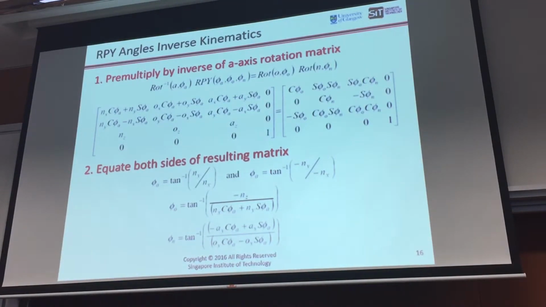But what they do for roll pitch yaw is this, to reduce the complexity. Again, they use the same way, by comparison. But this time, instead of being given px, py, pz, you will be given a rotation matrix, right? N, O, A, with x, y and z components.